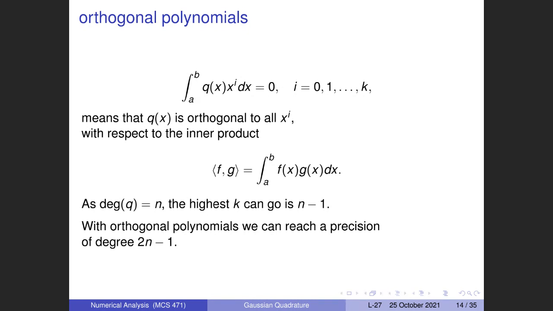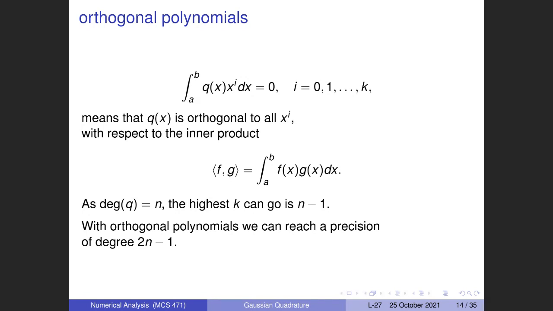And I mentioned a specific example. A quadratic polynomial is determined uniquely by 3 points. Here, if the degree of Q is n, then the highest k that we can go for the polynomial f to be integrated exactly is n minus 1 for the remainder.